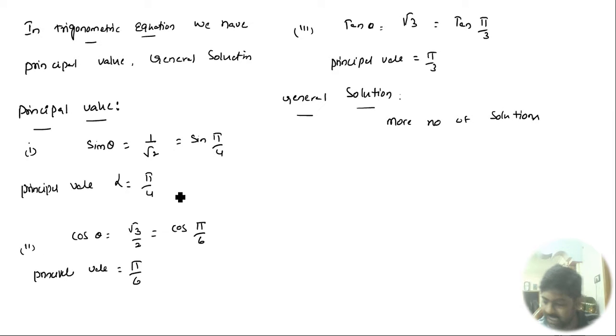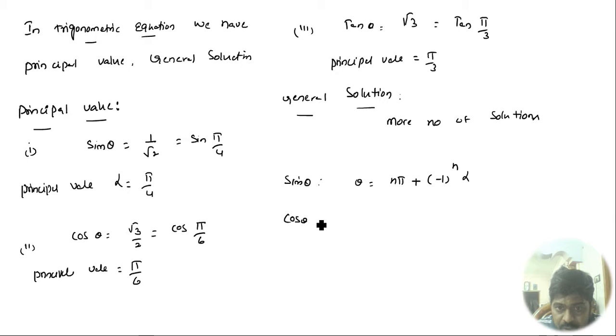If we have sin theta, then it can be written as theta equal to n pi plus minus 1 whole power n into alpha. Alpha is the principal value.